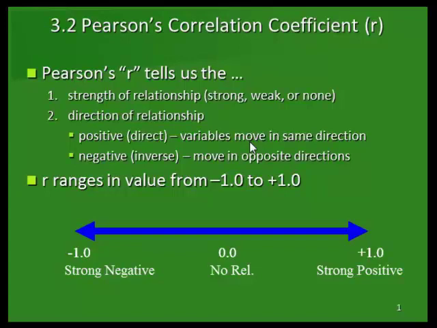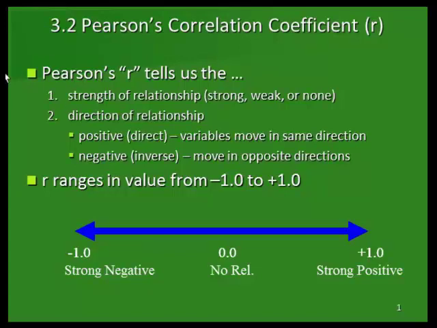If you could see me, I'm putting both thumbs up. I'm saying as depression goes up with one hand, anxiety goes up with the other hand. Let's say those move together. Or if it's an inverse relationship, as depression goes up, self-esteem goes down. That's a negative or an inverse relationship.